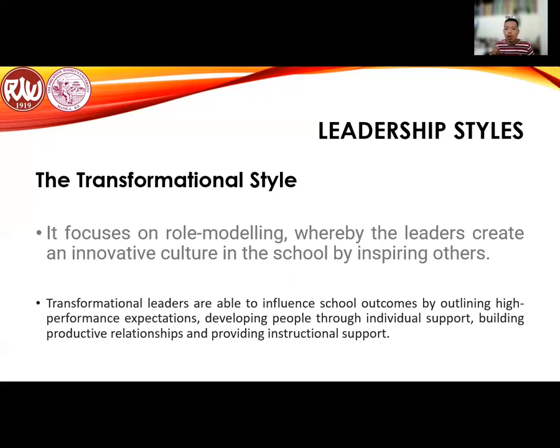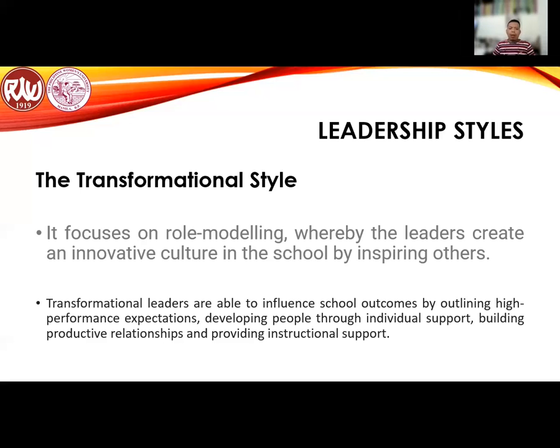It focuses on role modeling, whereby the leaders create an innovative culture in the school by inspiring others. People running the education institute or the school share a sense of purpose as a result of this style, and are also given a chance to have their voices heard during the process of decision making.